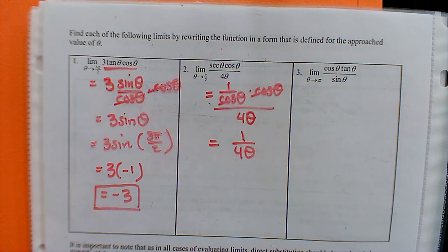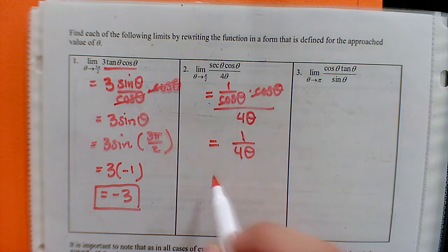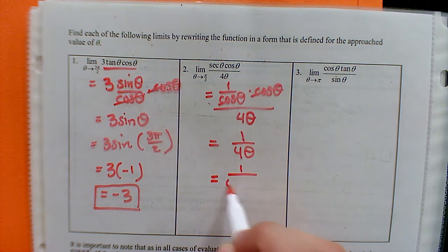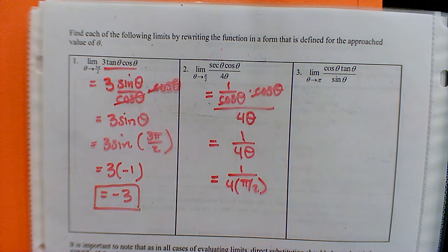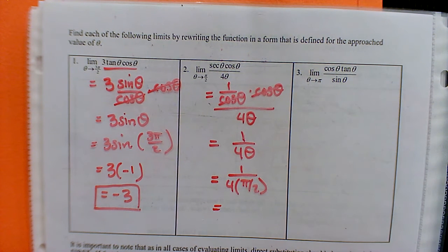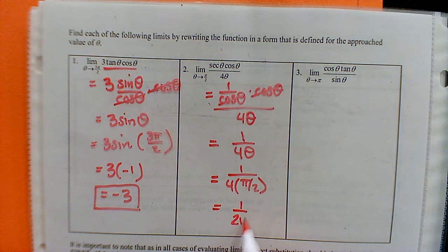So actually, when you rewrite this problem, you're eliminating all the trig functions, which is nice. So now let's try to plug in pi over 2. So 4 pi over 2 is the same as 2 pi. We'll have 1 over 2 pi.